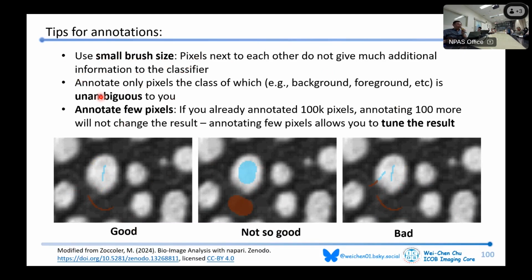Make sure you make a clear annotation, for example, this is good, because at the boundary the computer may confuse which is foreground and which is background if they are too close together. Most of the time, you don't need to annotate too much. Sometimes if you annotate too much, the computer also gets confused.